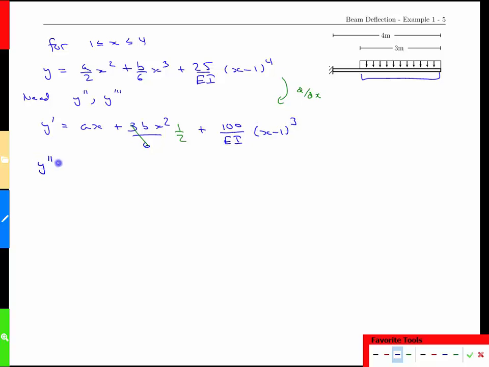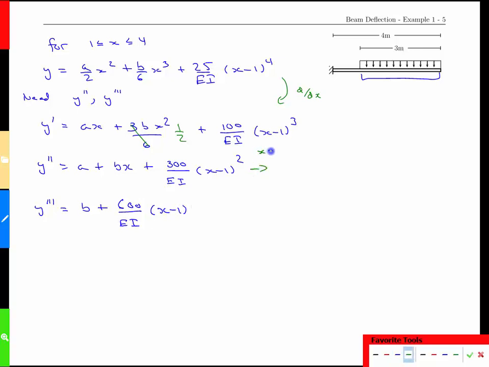Now we need the second derivative, so we simply get a, the 2 and the 2 here cancel, we end up with bx, and we end up with 300 over EI times (x minus 1) squared. And the third derivative is simply going to be b plus 600 over EI times (x minus 1).